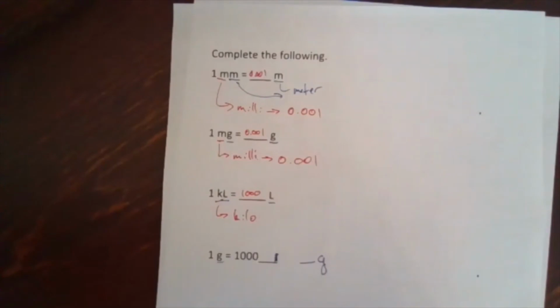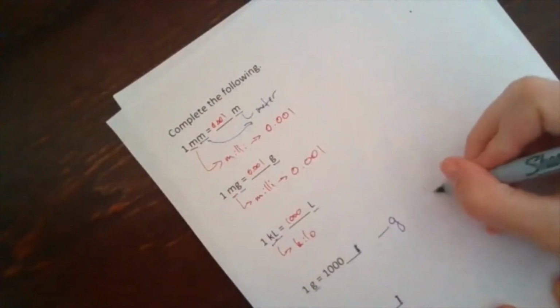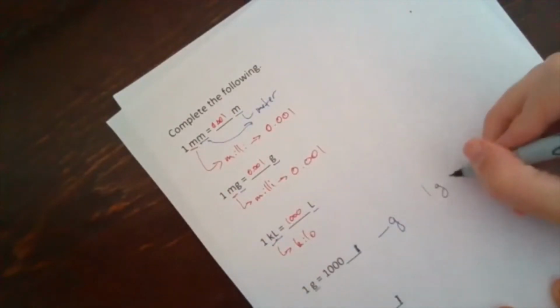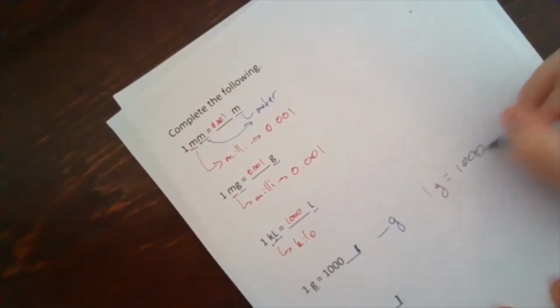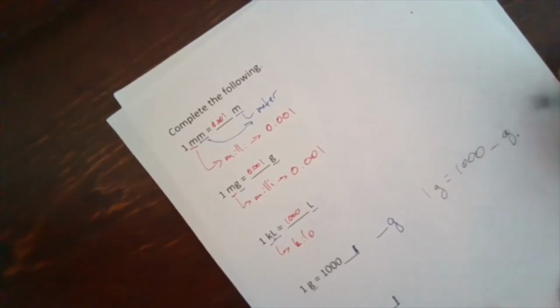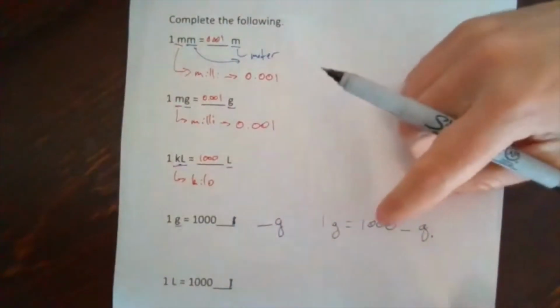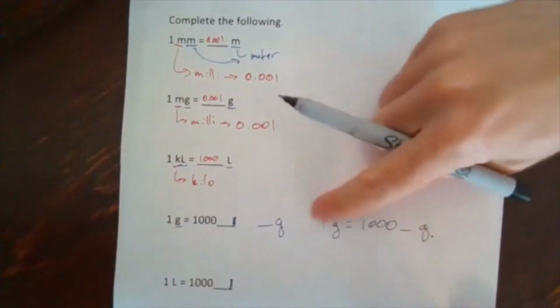And so what we can do is we can kind of set this up as an algebra expression where I have 1 gram is equal to 1,000 times some sort of prefix grams. And we know those prefixes have a numerical meaning, right? So what it would be is it's 1,000 times what equals 1, because the grams don't change.